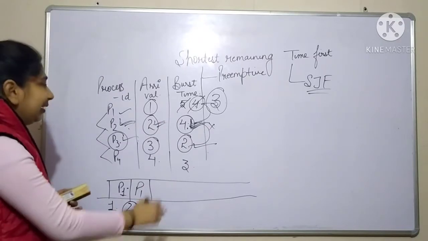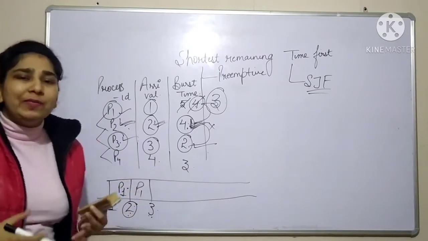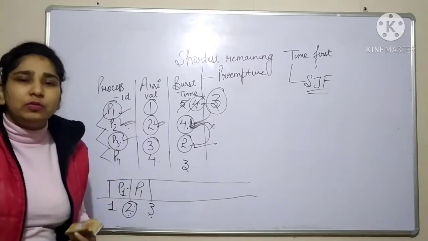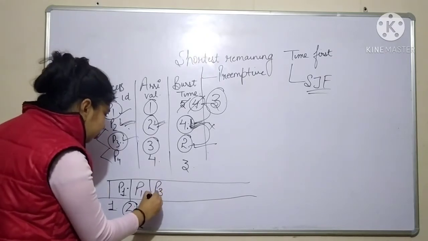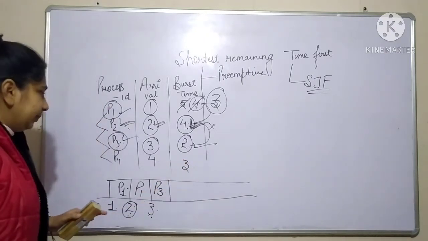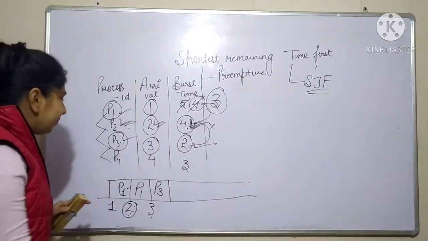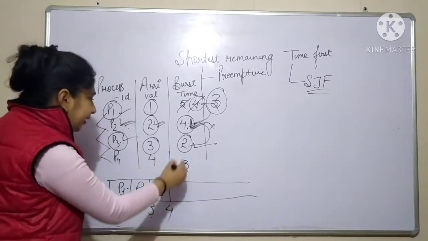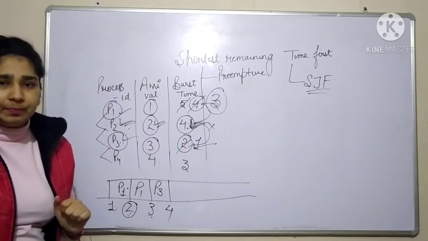So I will take back the CPU from process P1 and give the CPU to process P3. Now I am executing it for 1 unit of time. Now only 1 unit is left.